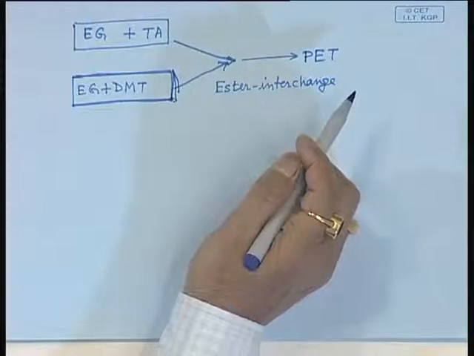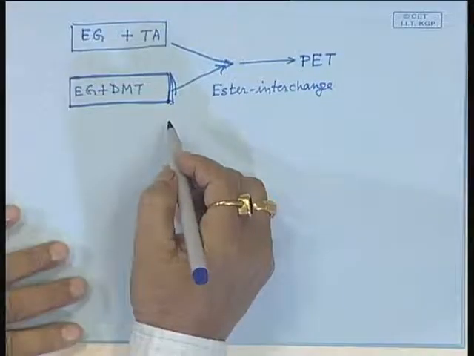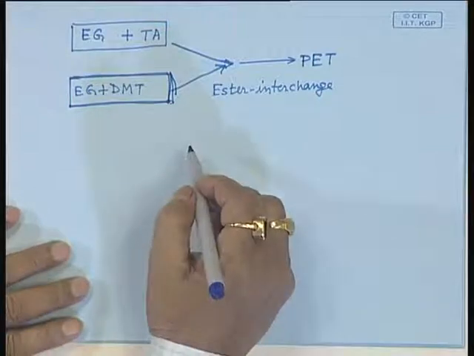What is called ester interchange reaction? Dimethyl terephthalate means it is already an ester.